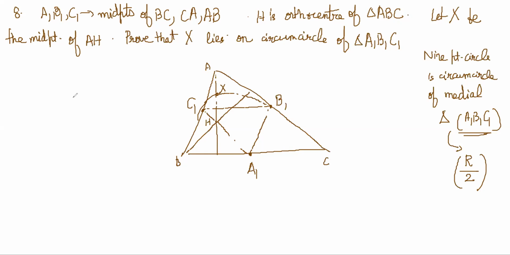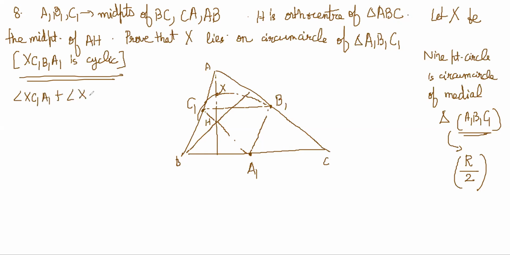So again, proving it is basically trying to prove that X C1 A1 B1 is cyclic. So basically prove that two angles sum up to 180, right? So try to prove angle X C1 A1 plus angle X B1 A1 is 180 degrees, and we are done, right?